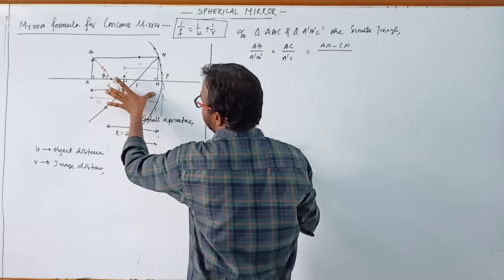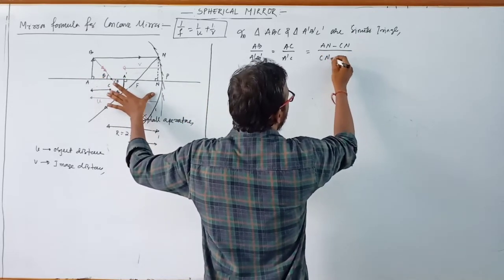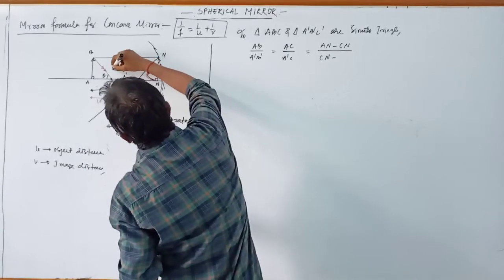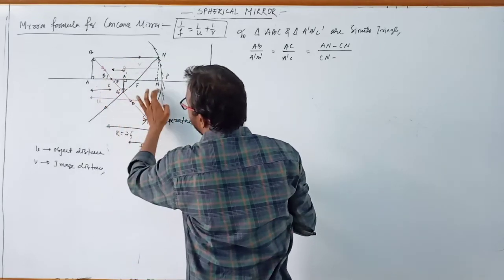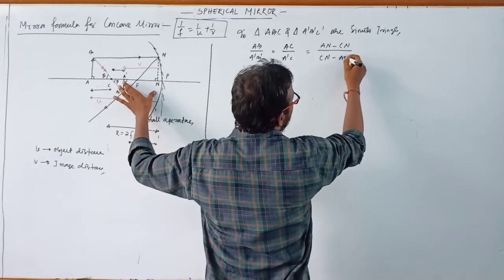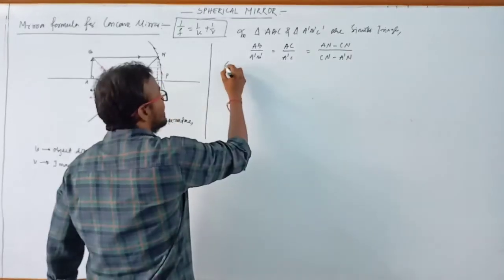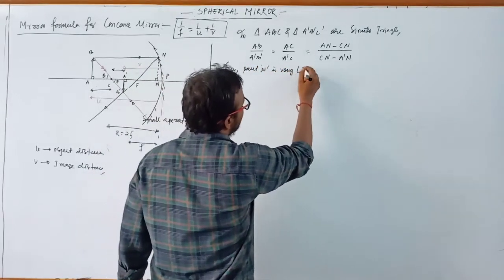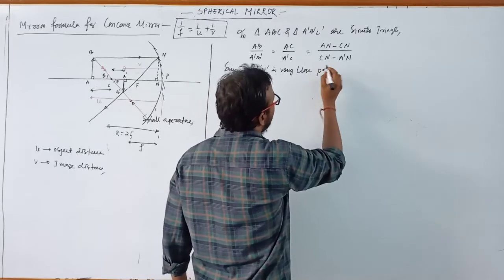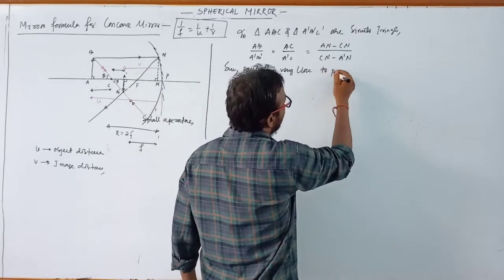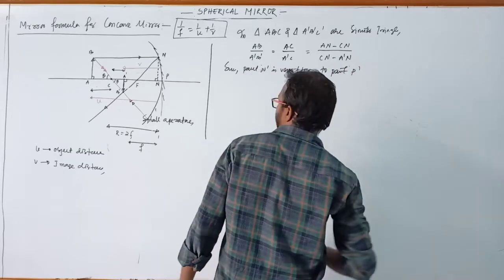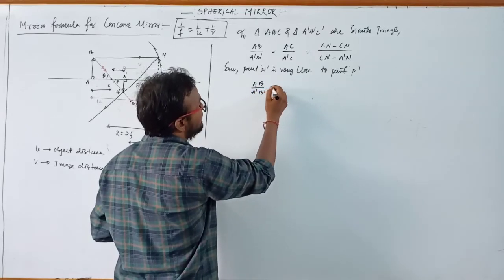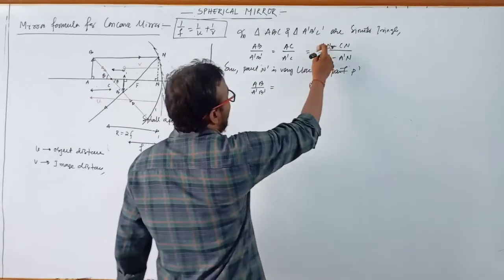That means first we have to find this distance, CN minus A'N, which is equal to A'C. So CN minus A'N, since the point N is very close to point P. So we can write AB divided by A'B', which is equal to AN.